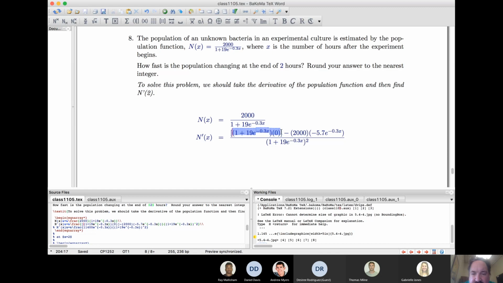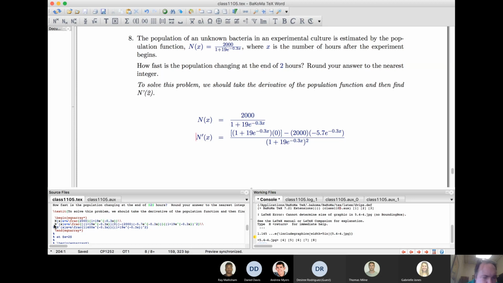So therefore, this whole term will just go away. And what's left here is you have minus, and then top times the derivative of the bottom. When you take the derivative of the bottom, of course, a 1 would give you nothing. And then you have this function, 19 e to the minus 0.3x, and then times the derivative of the exponent, which is minus 0.3.